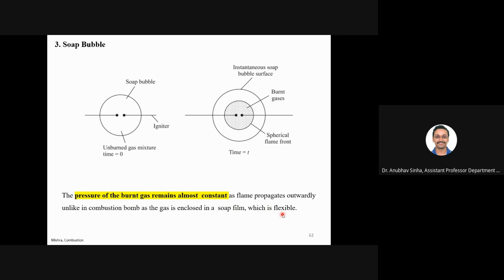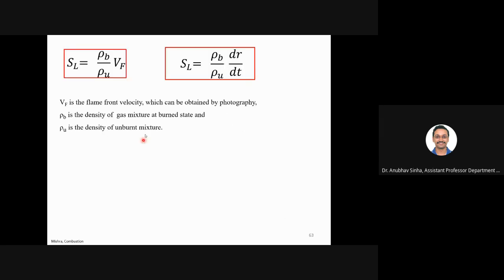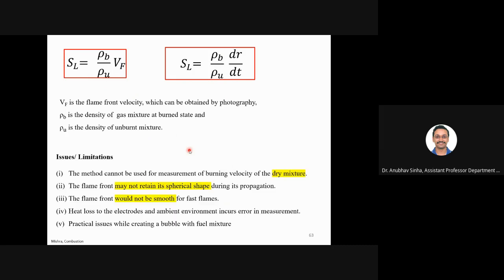So this is one advantage, but there are other disadvantages. In the same way we will take measurement for SL, which is density ratio into dr by dt. Now what are the issues with this? First, we cannot have a dry mixture. Since we are creating a soap bubble, it will always have a lot of moisture in it. Another issue is it may not retain a spherical shape. The bubble may get distorted and the flame will also get distorted.